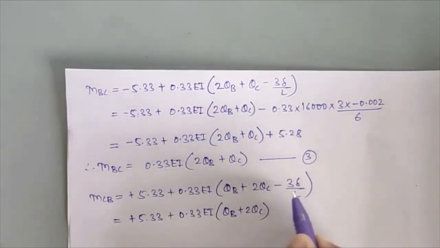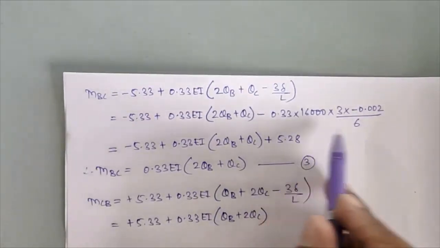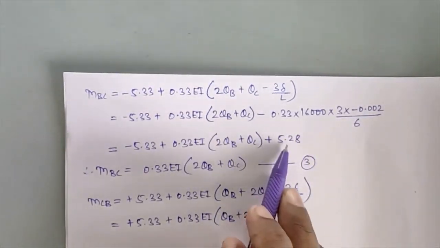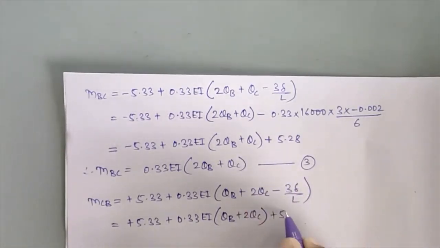And this 3 delta upon L into 0.33 EI that we have calculated in our previous step, that I have got as plus 5.28.